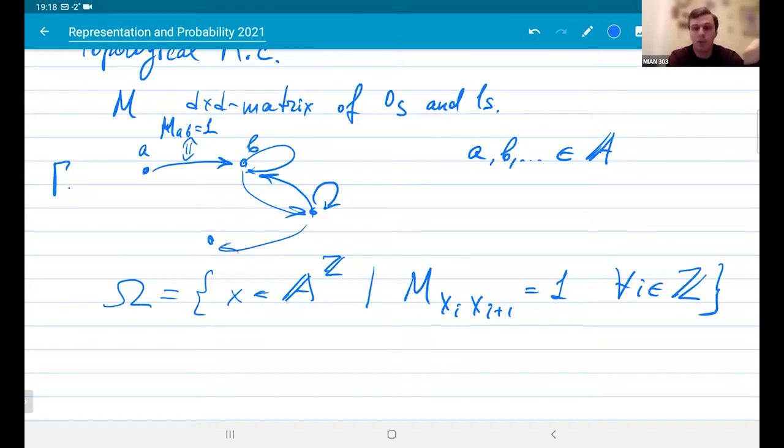The prohibited words are exactly those such that M_AB equals 0, then AB is prohibited.